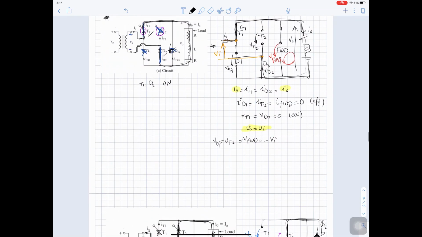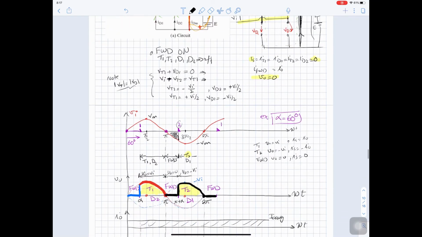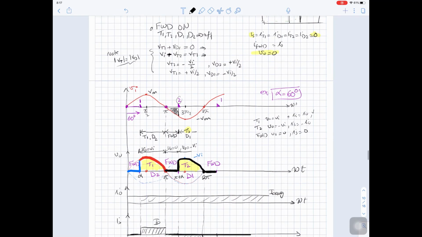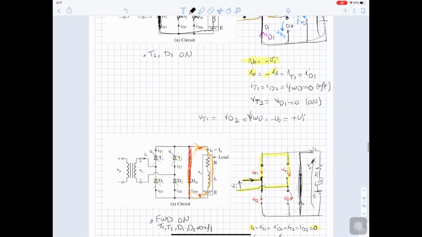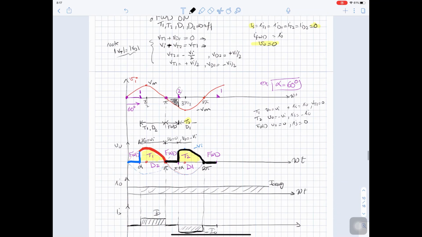And we are looking for V thyristor 1. So the first case here, V thyristor 1 is 0. The second case here, V thyristor 1 equals positive Vn.